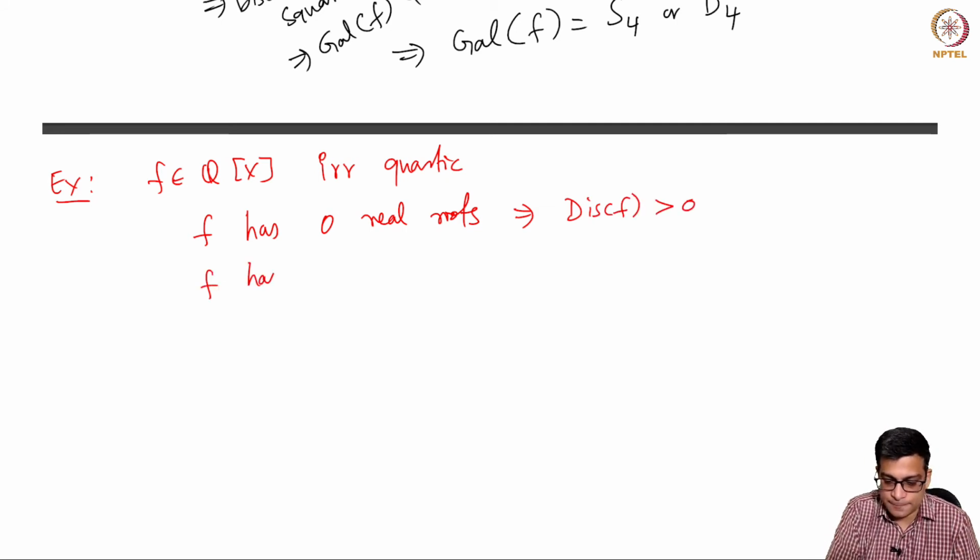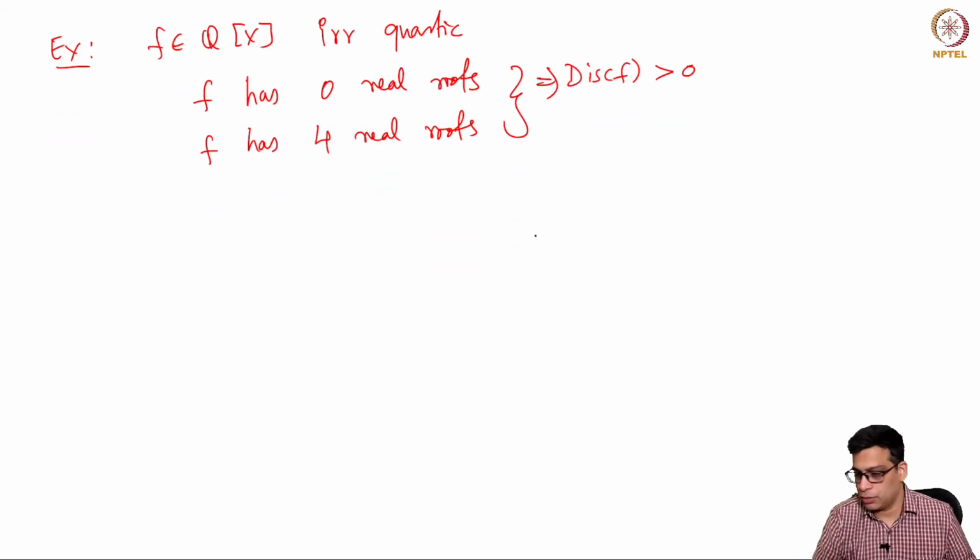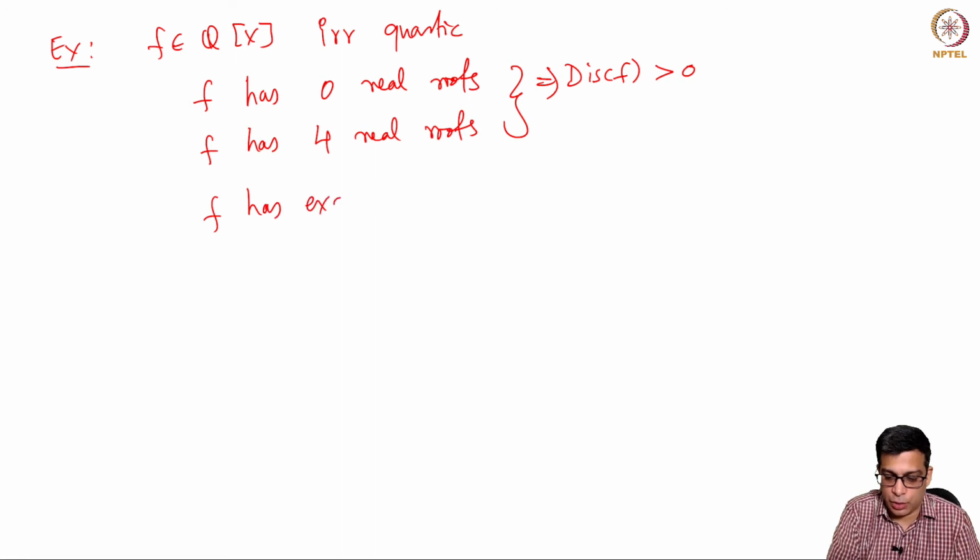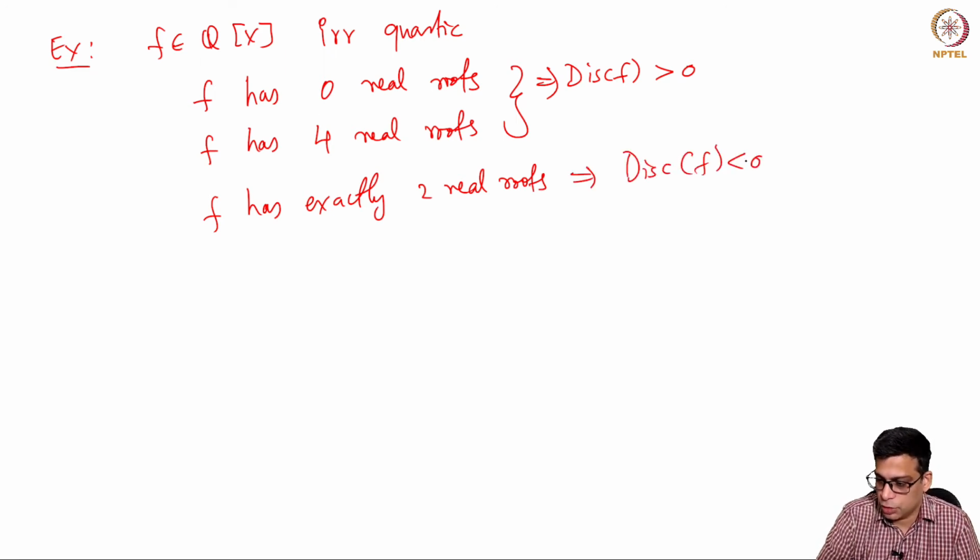If f has 4 real roots, also the discriminant is positive. And if f has exactly 2 real roots, then this we have done, right? This is the above problem.